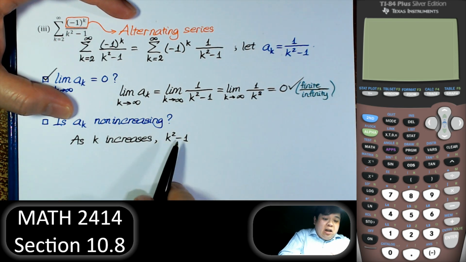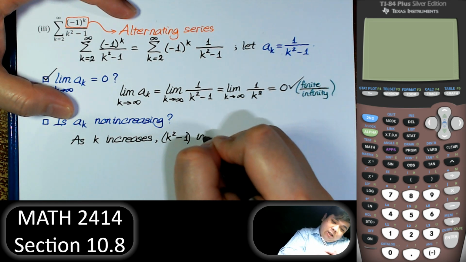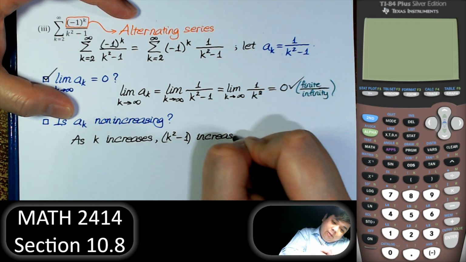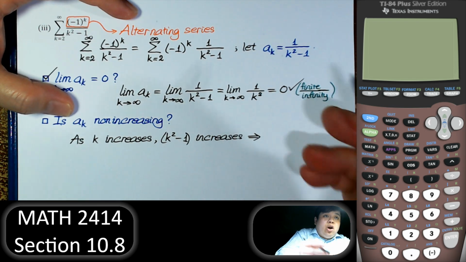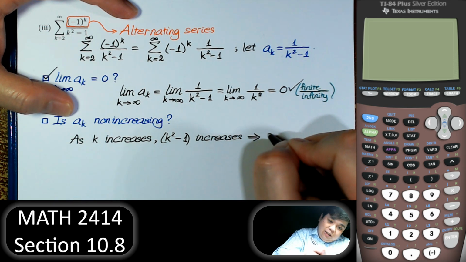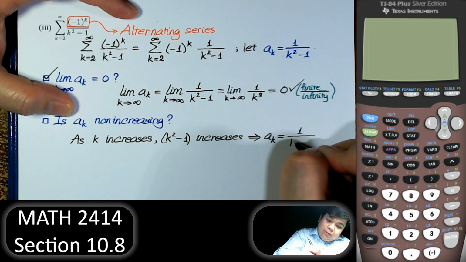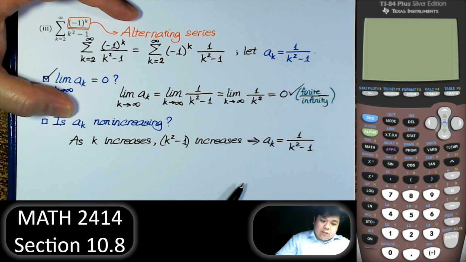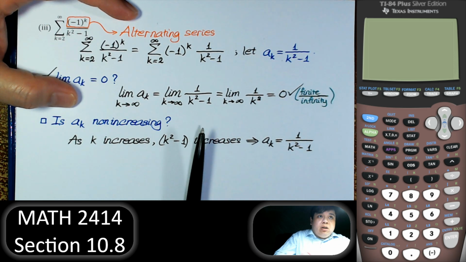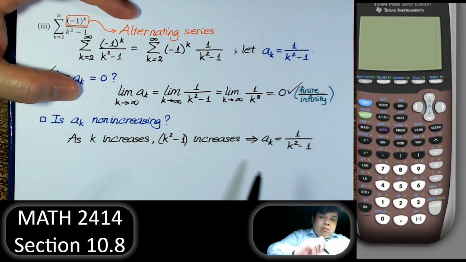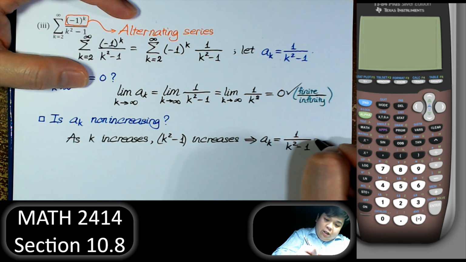The bigger the k, the bigger k squared minus 1. Now, if the bottom is getting bigger, the whole thing gets smaller. So this one decreases.